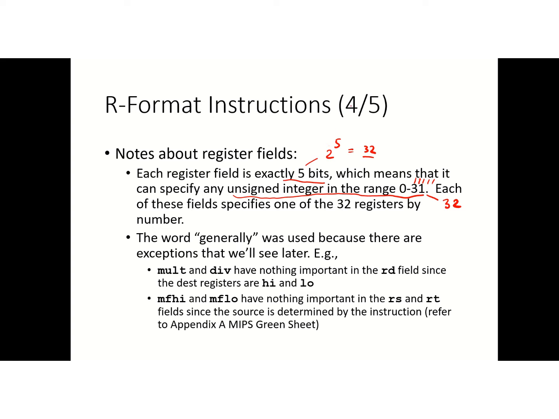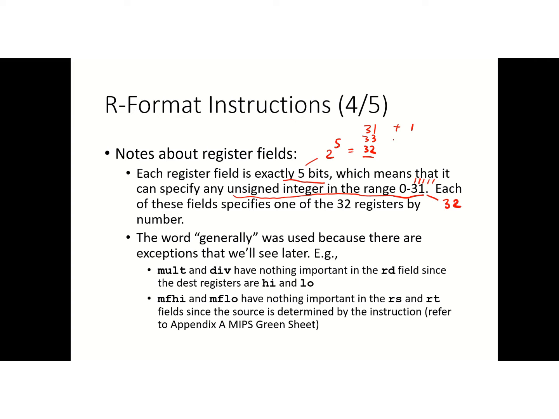Sometimes you will ask, why is it not 31 or why is it not 33? For 31, you would still need 2 to the power of 5 bits, 5 bits to get the combination, but you still have an extra combination that is not used.